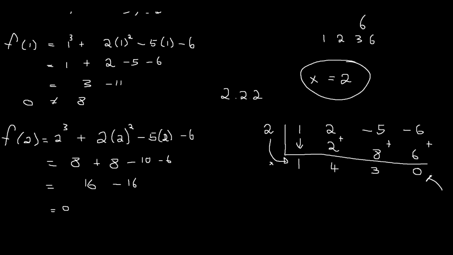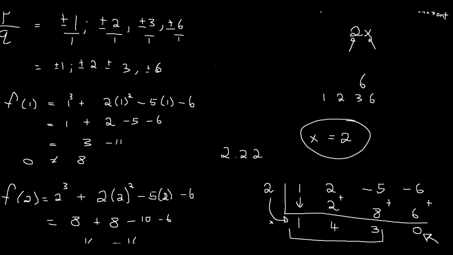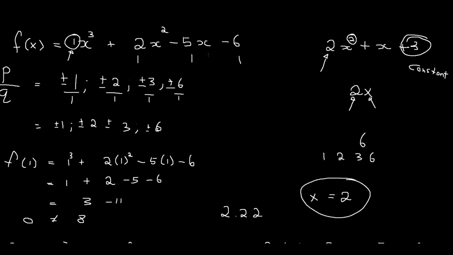Now, if we find a 0 here, we can create a quadratic function with these 3 values. This being my x squared, this being my x, and this being my constant. Because we have 0 there, there's no remainder in this function. So we know then that 2 is a factor of this polynomial function or cubic function.